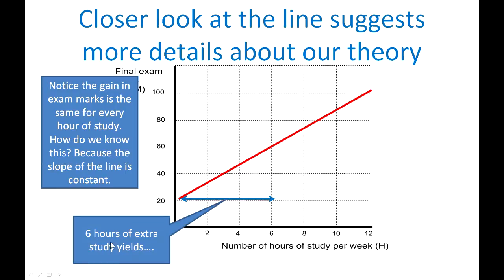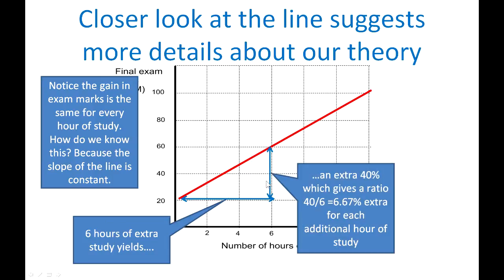So 6 hours of extra study gains us an extra 40%, or about 6 or 7% extra for each additional hour of study. Notice that that's now represented by the slope of this line, because it's vertical over horizontal, gives us this ratio of 40 over 6.